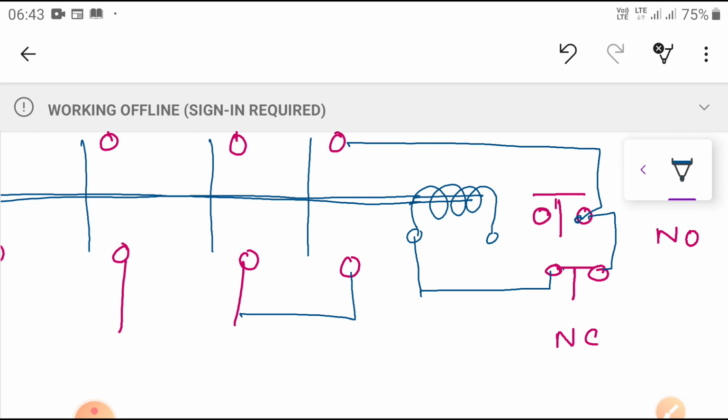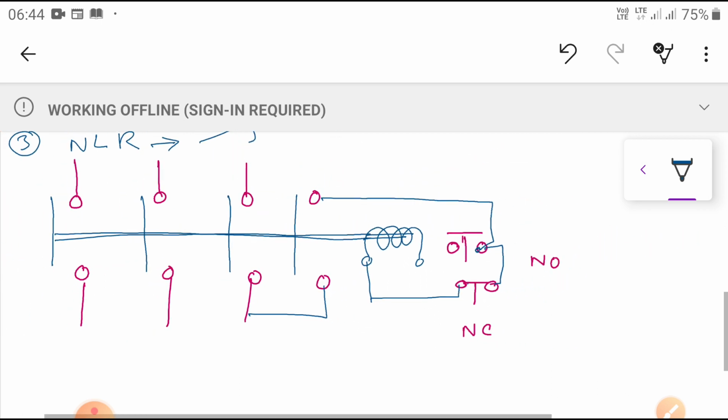At the same time, I am going to connect this second terminal to one phase. For example, I connected this phase. You can see here, R phase, Y phase. So here I connected the R phase, Y phase, B phase.